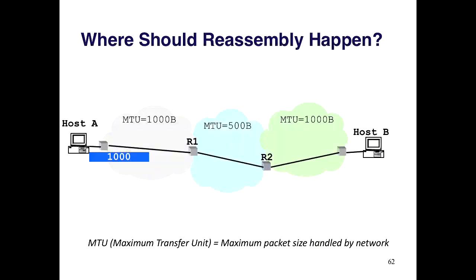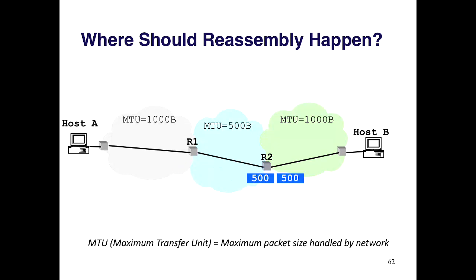In this context here, I have a host A sending 1,000 bytes to host B, and I'm going through 3 links where the MTU is 1,000 bytes, 500 bytes, and then 1,000 bytes again. When the packet reaches the router R1, it's going to fragment it into two 500-byte packets and send them along. I now have two options here.